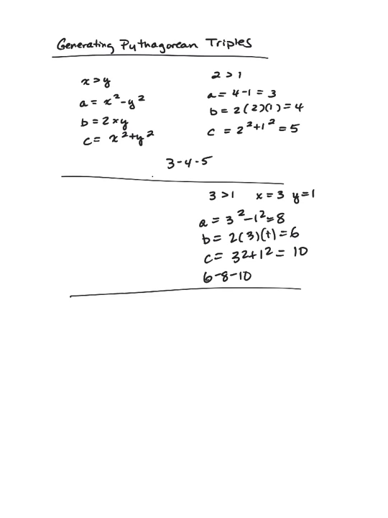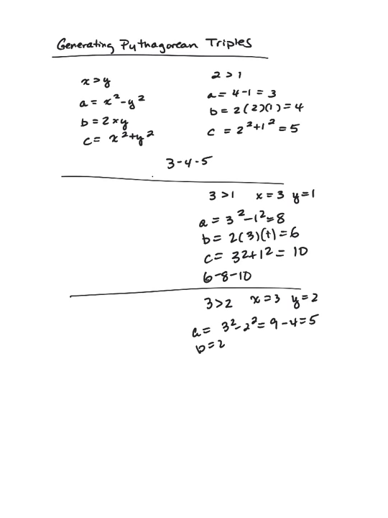And let's look at another one. Let's say 3 is greater than 2, right? X is 3, y is 2. So we would have a equals x squared minus y squared, so that would be 9 minus 4, which would be 5.